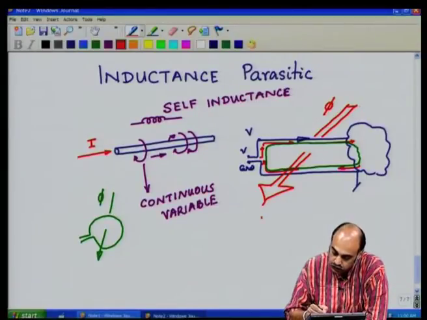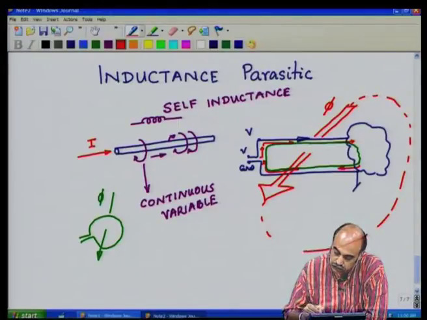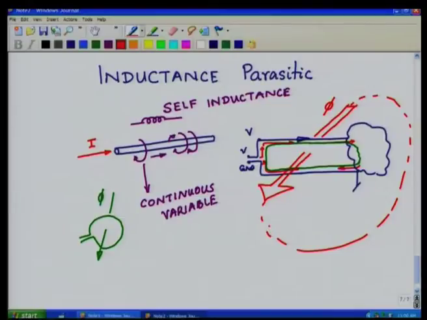And it will complete the loop through some other circuit or maybe even free air.